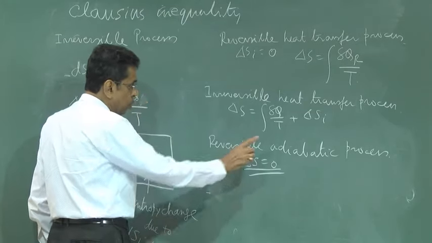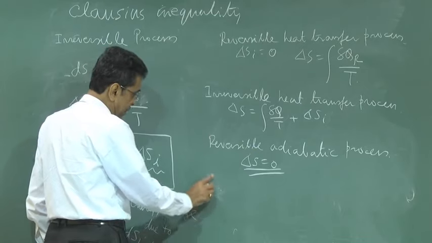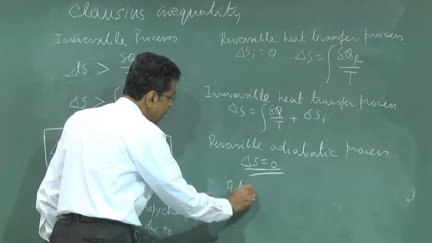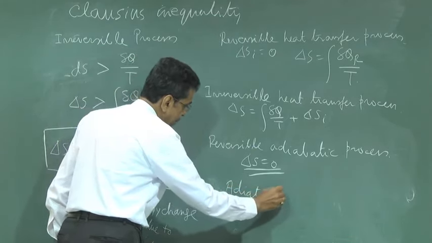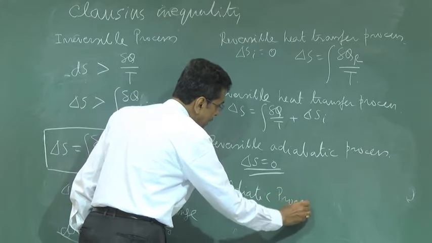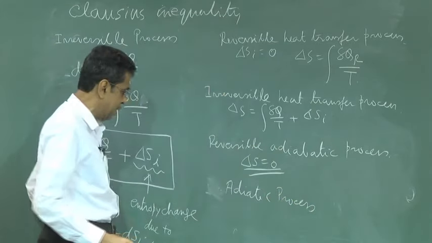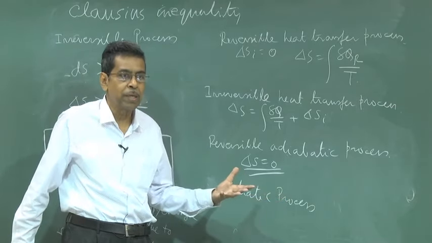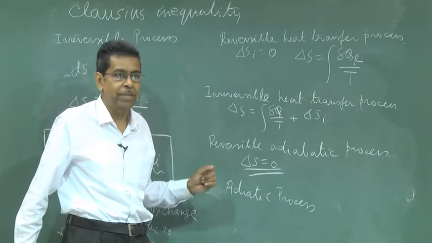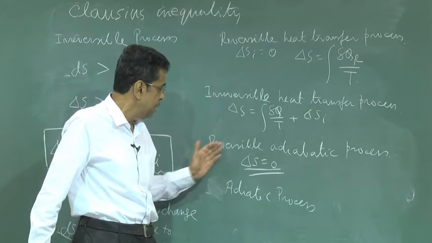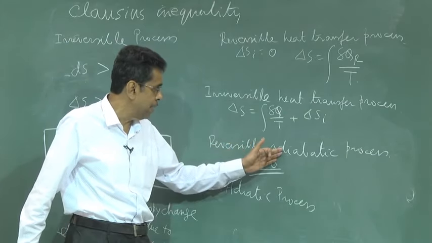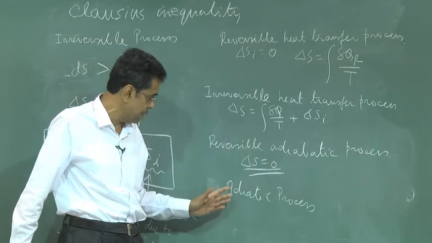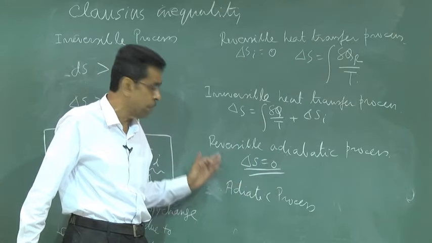Now, an irreversible process without heat transfer, that means an adiabatic process. If the word reversible is not added to adiabatic, a simple adiabatic process means an irreversible process without heat transfer, a natural adiabatic process. If you add reversible, that means a reversible adiabatic process. This is a process without heat transfer but not reversible.